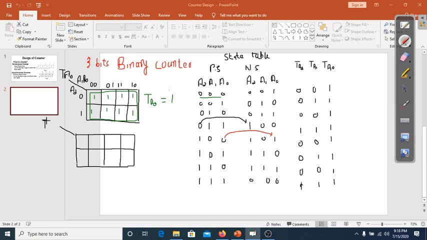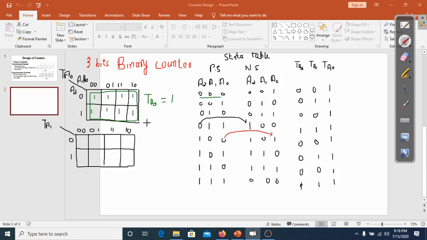This is the combination for A1 and A naught: 0 0, 0 1, 1 1, 1 0.